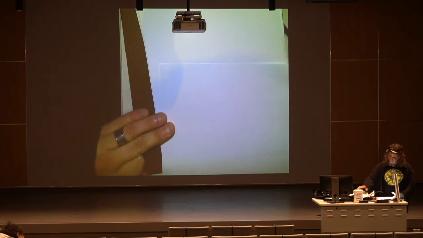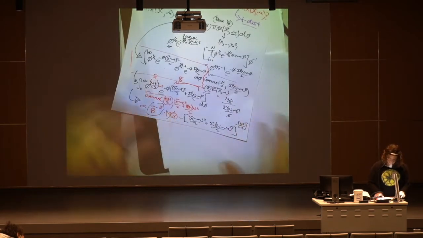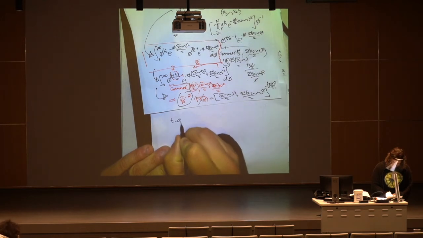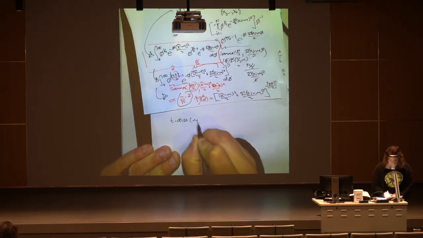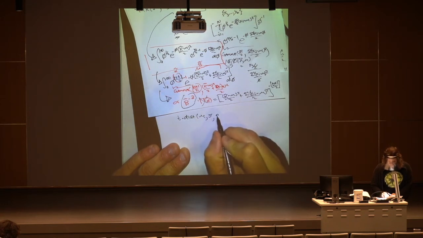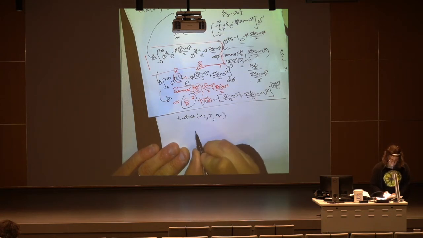T's look like this, with center mu, scale sigma, degrees of freedom nu. They look like this.